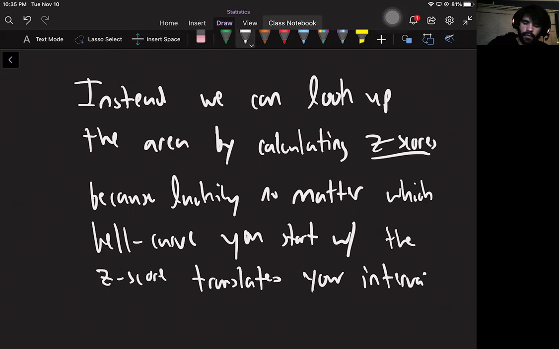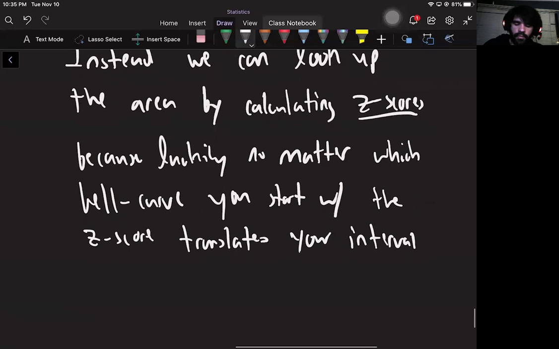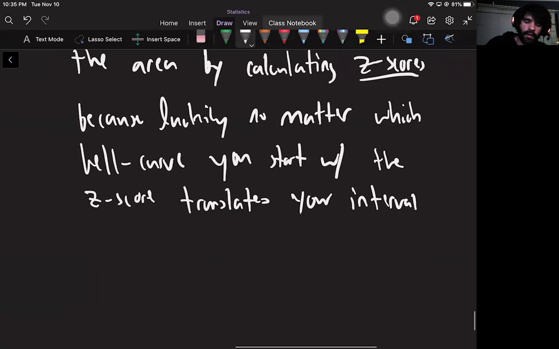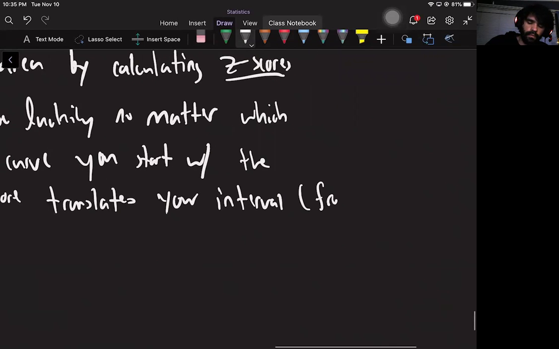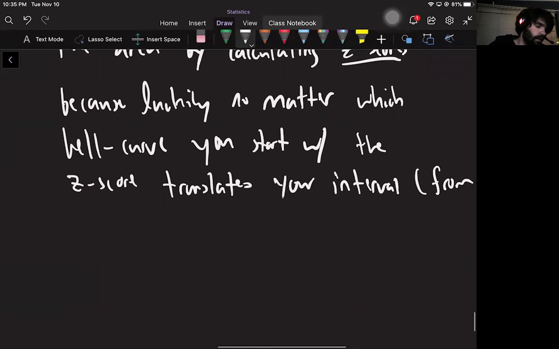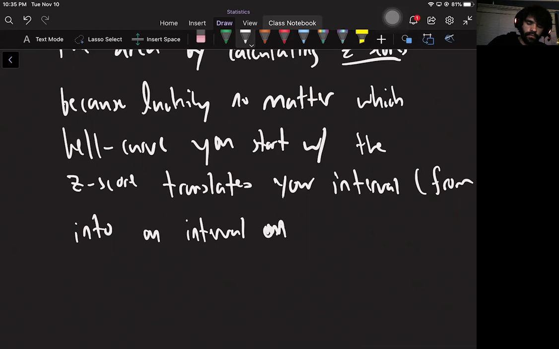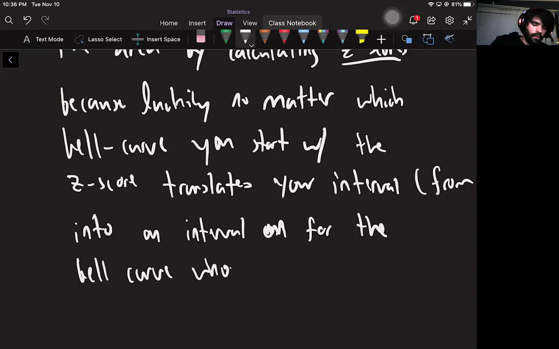Like, if you want to know the probability of x being between blank and blank, that's the interval I'm talking about. The z-score translates your interval into an interval on the bell curve whose areas we can look up in a table.